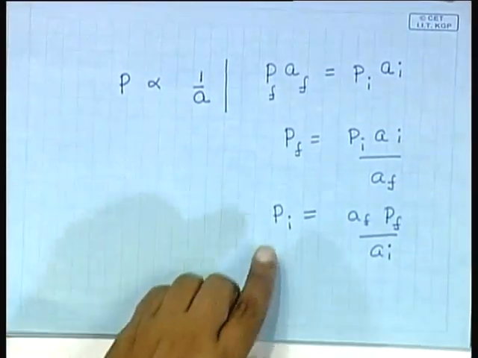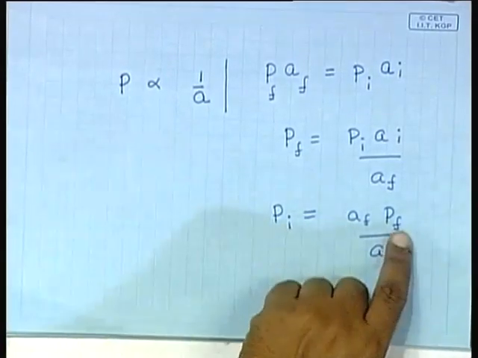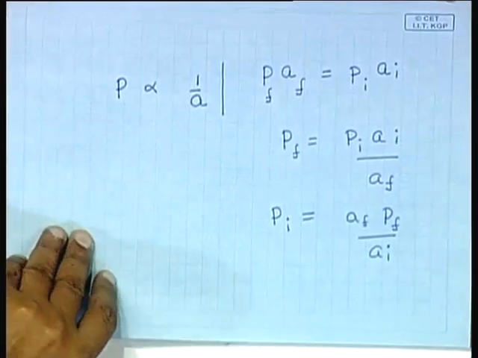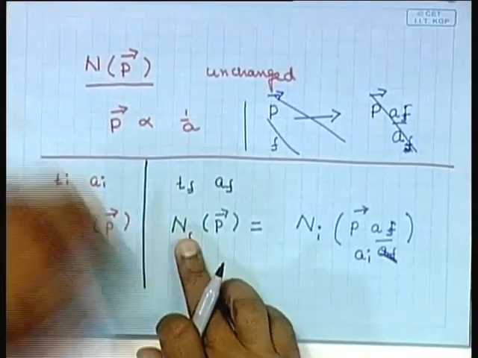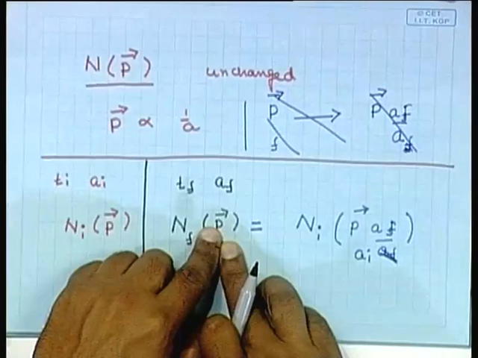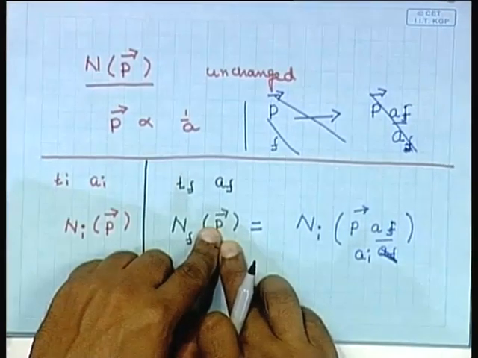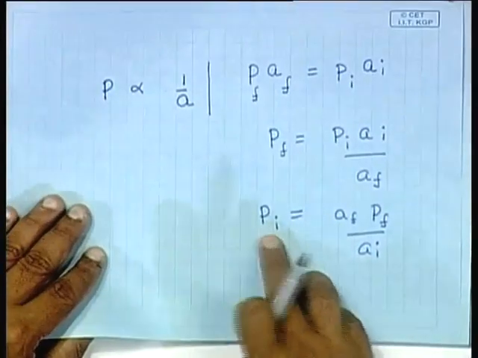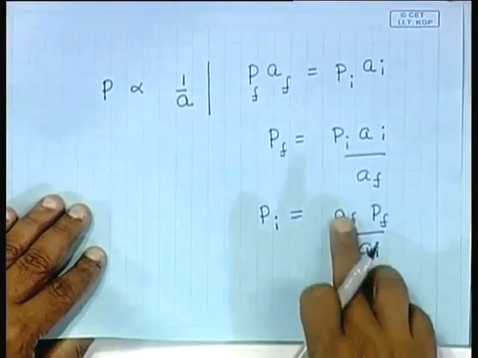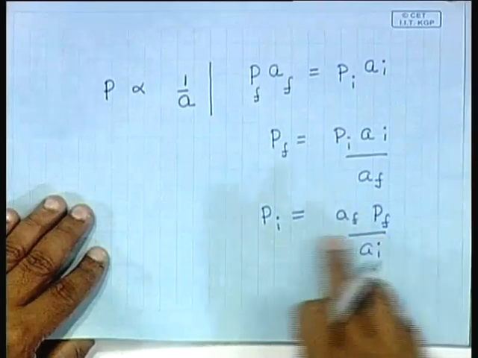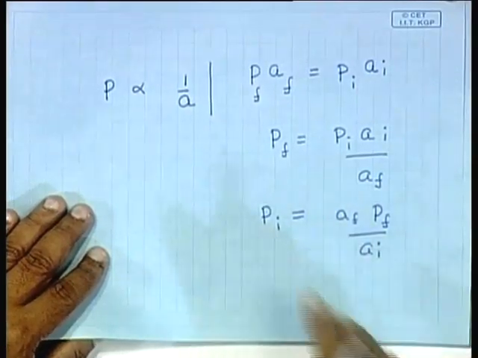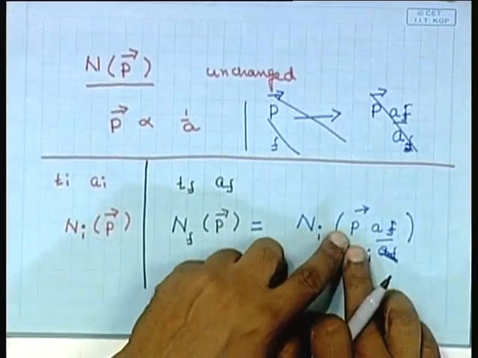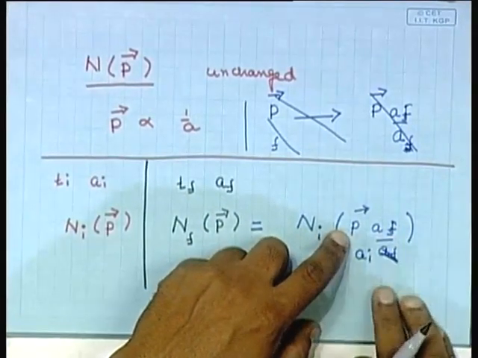So, if I know the initial momentum and the final momentum Pf, they are related like this, and the question we are asking is what is the number of particles with final momentum P. This is the same as the number of particles with initial momentum Pi related to the final momentum like this, because the particles do not get destroyed or created, their momentum only changes. So, this is the initial distribution evaluated at P into AF by AI.